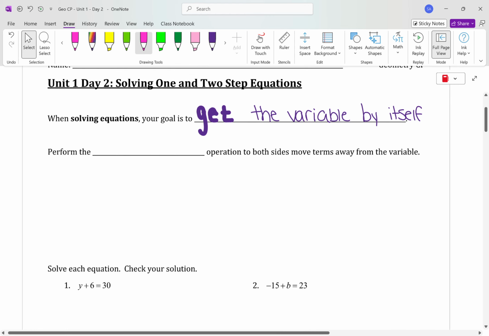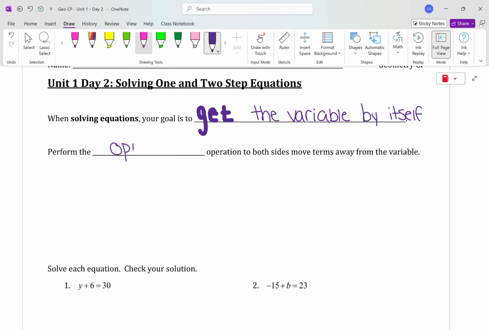And we're going to perform the opposite operation to both sides to move terms away from the variable.